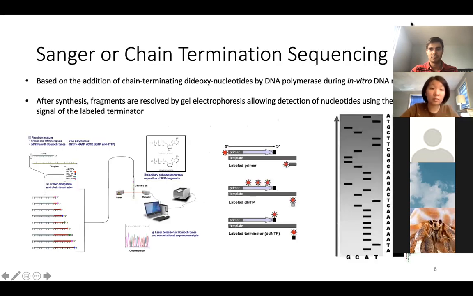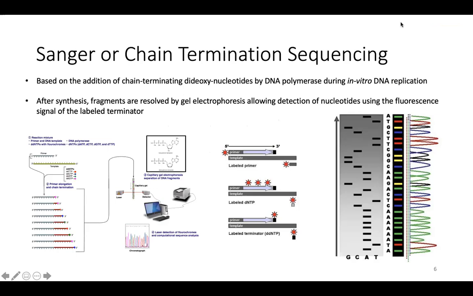All right, this is a more thorough overview of what Sanger sequencing technology looks like. As I said, Sanger sequencing is also known as chain termination sequencing. So it is based on the addition of a chain termination dideoxynucleotide by the DNA polymerase during DNA replication.